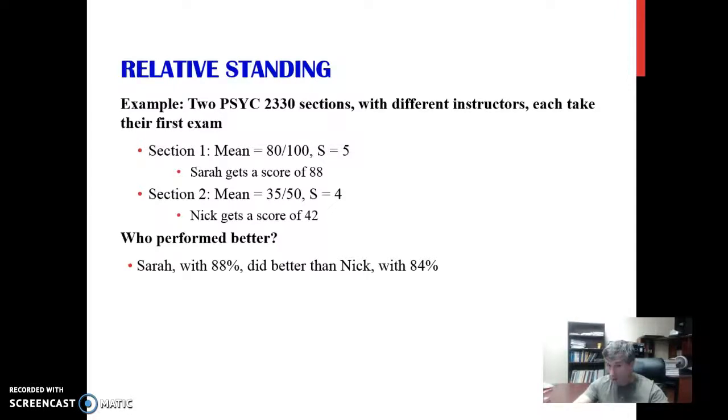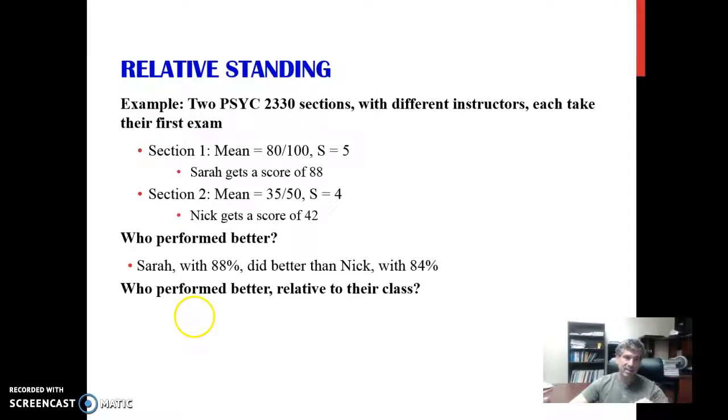Section 2's test looks like it's a little bit harder. It has a 70% average compared to the 80% in section 1. So even though Sarah did better in terms of a raw number and in terms of a percentage, we might be interested in figuring out who did better relative to their class. That's the idea of relative standing. Where did these two students fall in their classes' distributions?